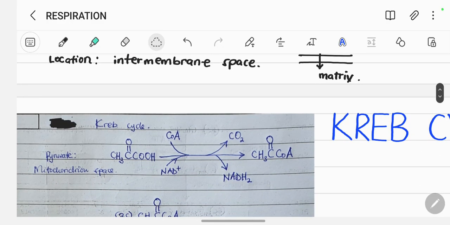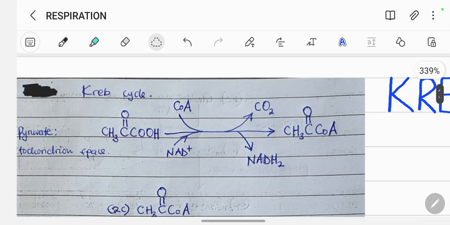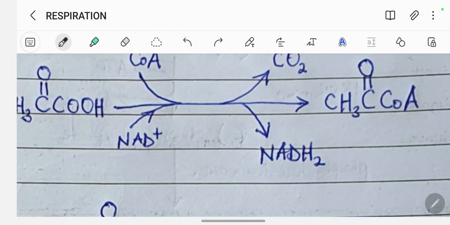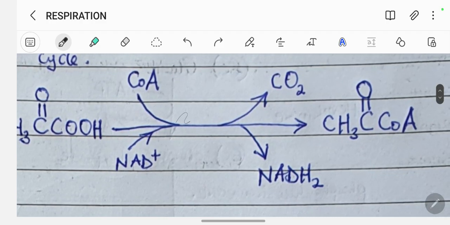So we are having a change of our pyruvate. We saw the structure, it's this, turning to acetyl coenzyme A. What happens is that we are having the pyruvate dehydrogenase enzyme at this point here.